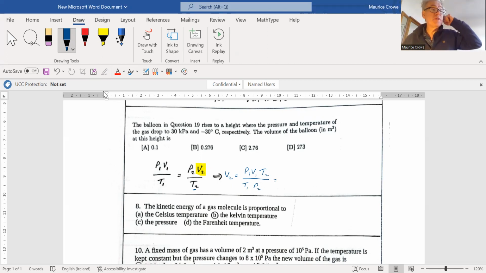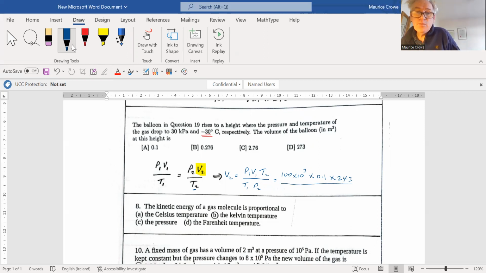And you sub everything in then. Your P1 was 100 by 10 to the power of 3, multiplied by the original volume, 0.1 of a meter cubed. And the new temperature there is minus 30 degrees. So that's going to be 273 minus 30. That's going to give you 243 Kelvin.